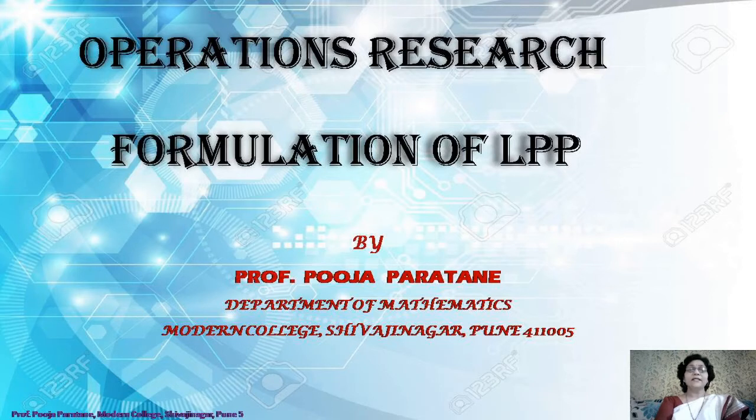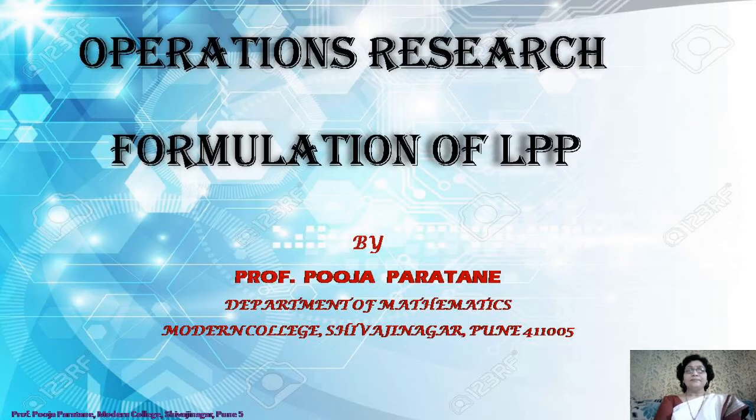Constraints can be related to raw material, time, demand, or as per the availability, etc. And then finally, we have to identify what is the objective function, what is the goal, whether it is of maximization or minimization. If there is profit, then obviously it is maximization, and if it is related to the cost, then it is minimization.